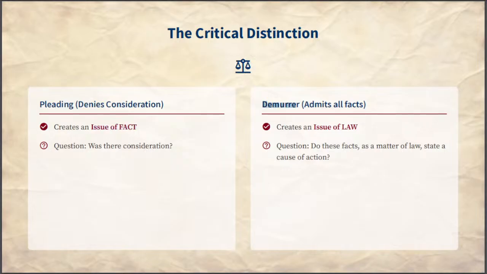But the demurrer admits all these facts and creates an issue of law. It presents a question, do these facts, as a matter of law, state a cause of action? So it's really testing the logic of the facts and the matter of law they're claiming causes the action to be before the court.